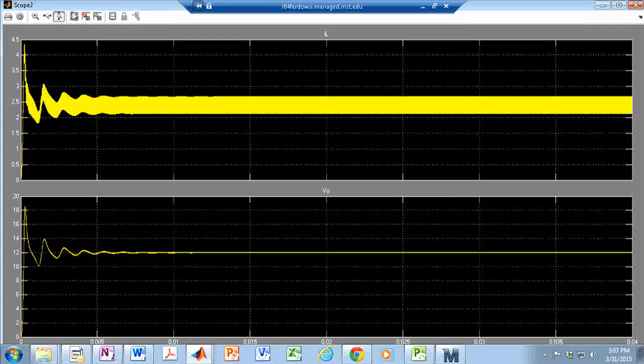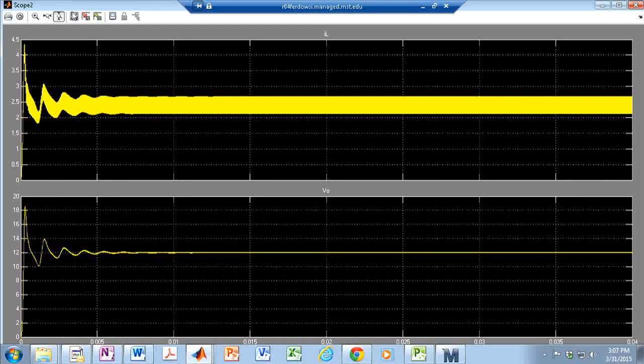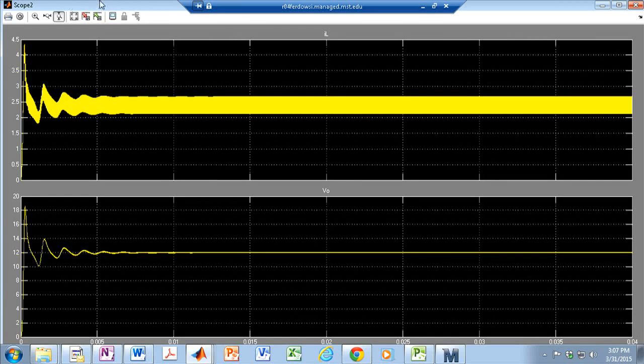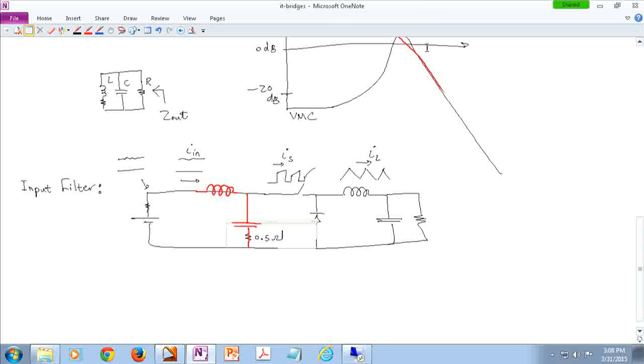So why is that? Why is that we add a little bit of resistance there? It makes a big difference. That's what we are going to actually study. And I want to actually extend this to beyond just adding a filter. So technically, whenever your converter sees some sort of an impedance, what is the features of that impedance so that it would not interfere with the operation of your converter?